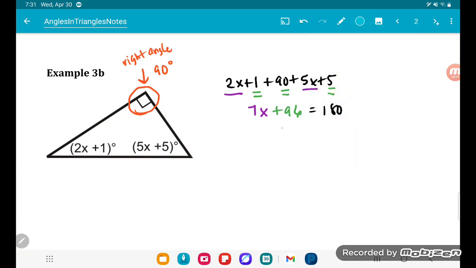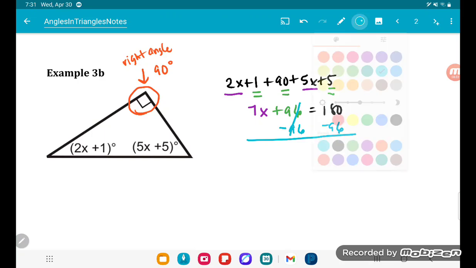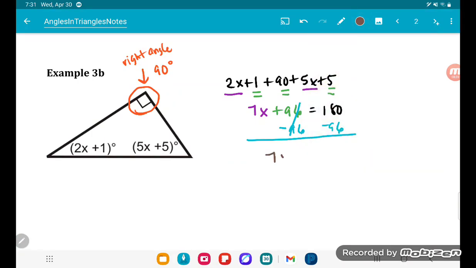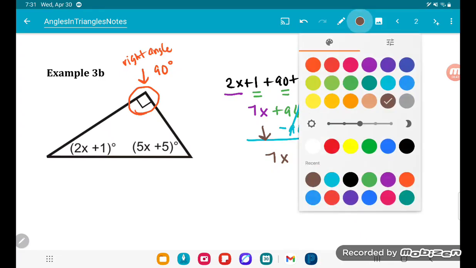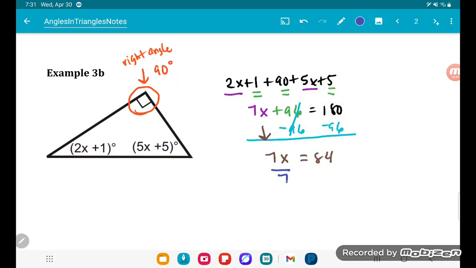We're going to solve the equation for x and find the missing angle measures. To do that, we subtract 96 from both sides. Once we subtract 96 from both sides, bring down that 7x and set it equal to 84. So 7x equals 84. We divide both sides of that equation by 7, and x equals 12.